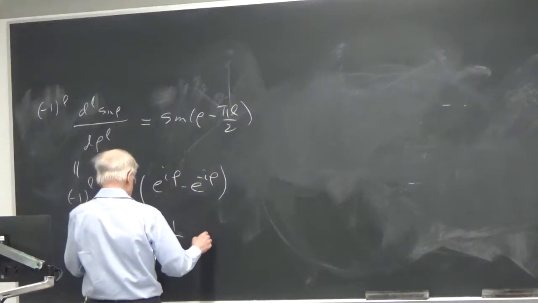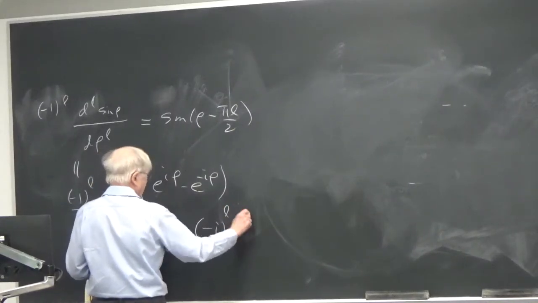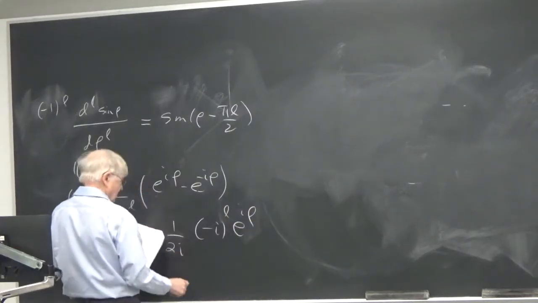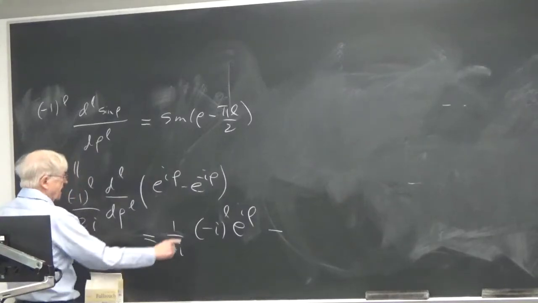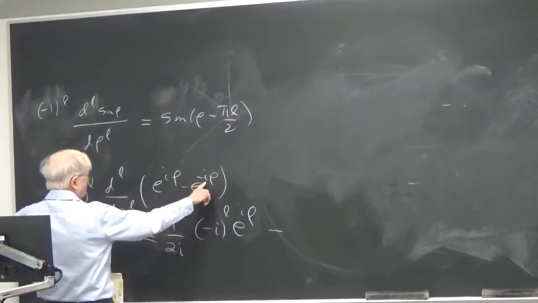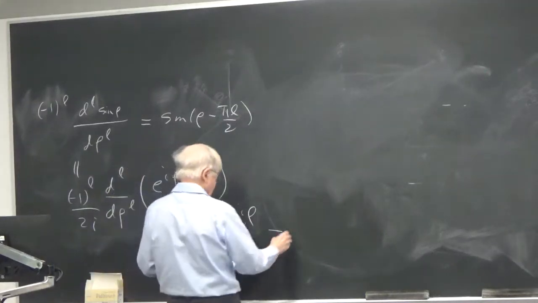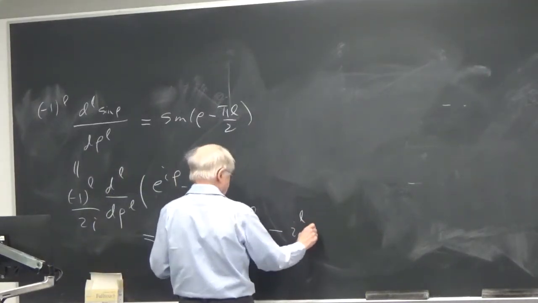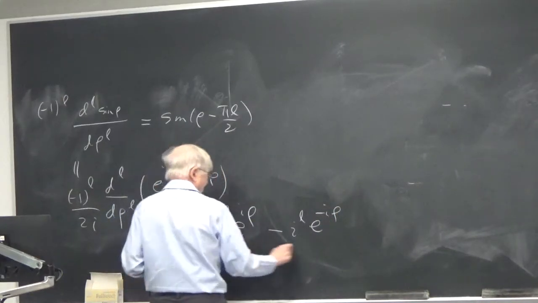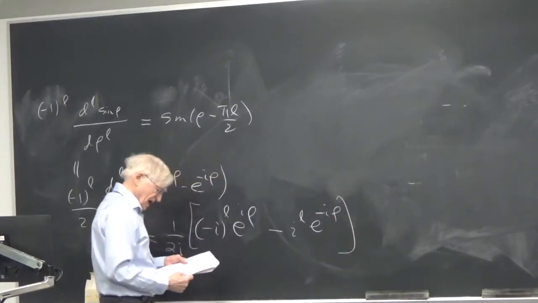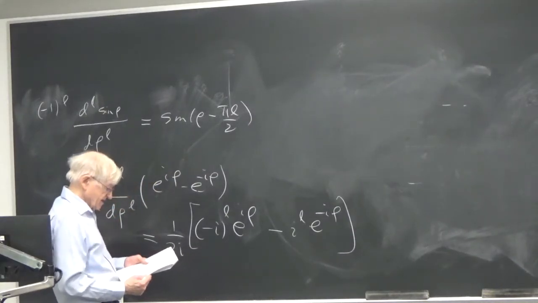So what we have here is (-i)^L e^{iρ} for the first term. And the second term, there we're bringing down (-i)^L, and that means what we have here is i^L e^{-iρ}, and all of this is divided by 2i.